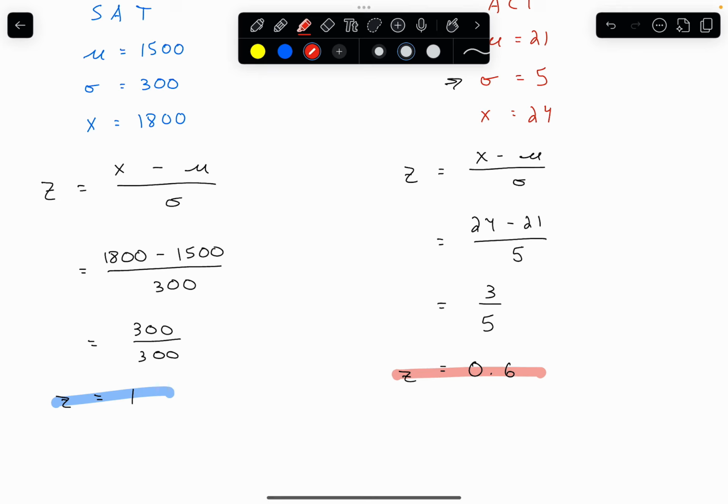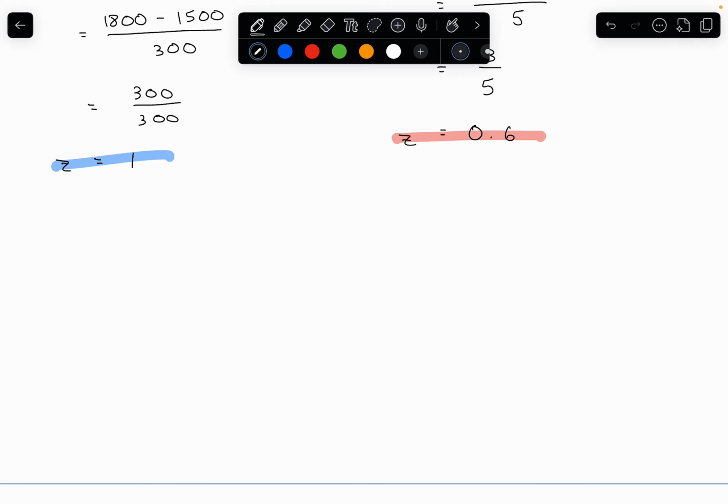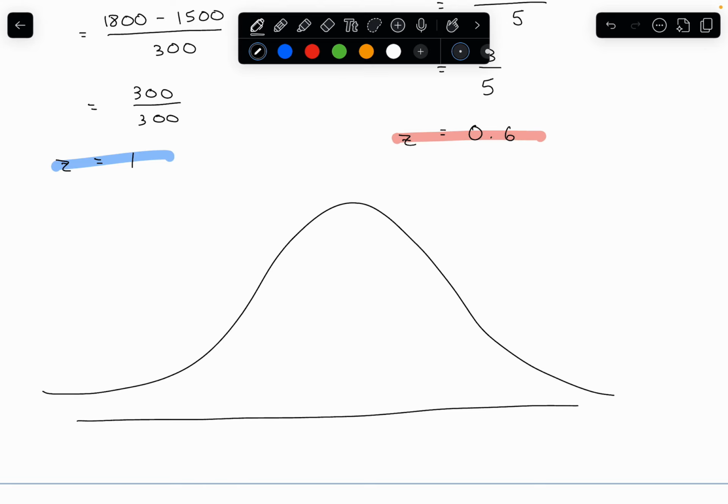If I'm comparing these two, the one with the higher z-score tended to score better than the other test takers on their test. What this means is, if I was to graph this on my standard normal distribution, which is where my z-scores live, the mean on a standard normal distribution is always 0, and the standard deviation is 1.